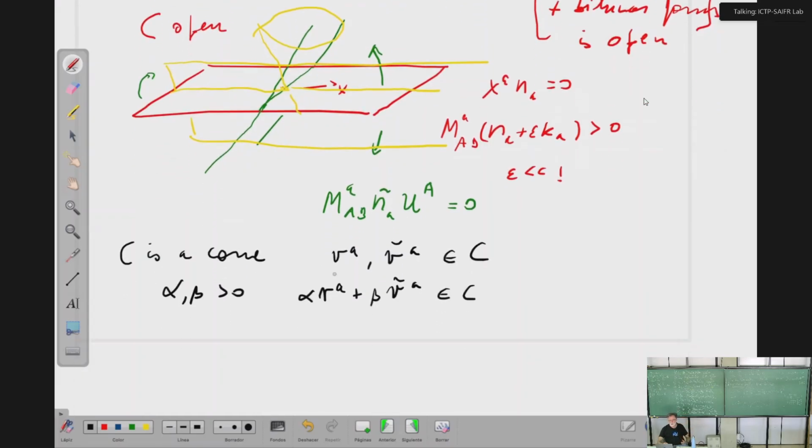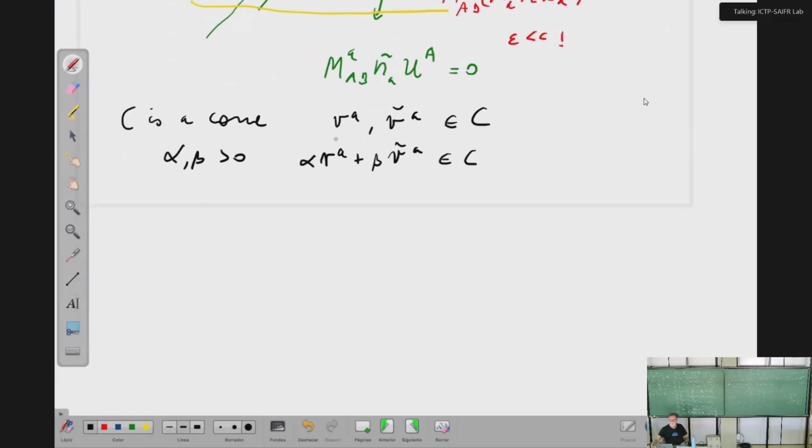So for vectors, normal vector, it is easy to see what it means. Is if you have this vector and you have this vector, then all vectors which are linear combination of them, right? And these are vectors that are here.